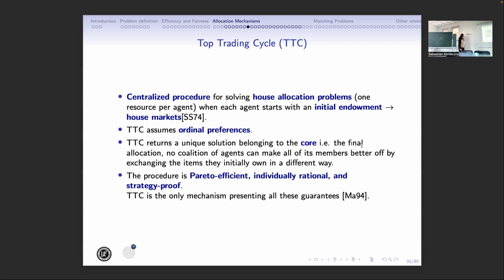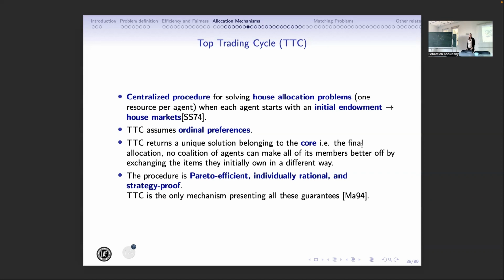In the top trading cycle algorithm, we assume that the agents have ordinal preferences over the houses. The advantage of TTC is that it returns a unique solution. We will see that we can choose different cycles, but in fact, we always obtain the same solution. And this solution is Pareto efficient and belongs to what we call the core.